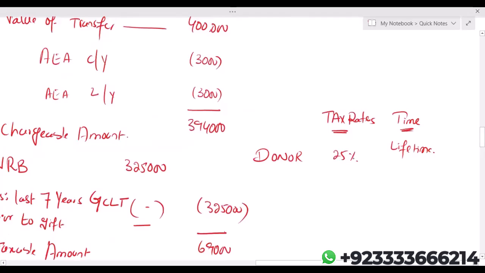Obviously, IHT during the lifetime will only arise on CLT. On PET, during the lifetime, there is no tax. If the donor pays, then it is 20%. And if nothing is mentioned in the question, students, please reply. Who will pay the tax? If nothing is mentioned, donor is perfect.